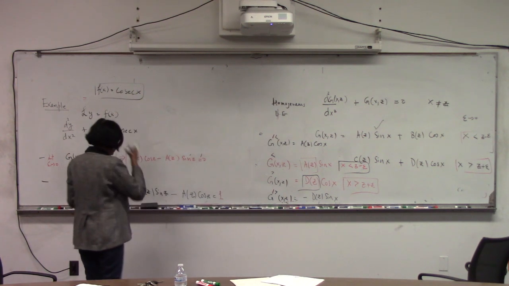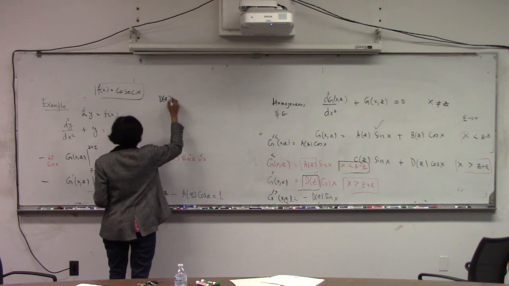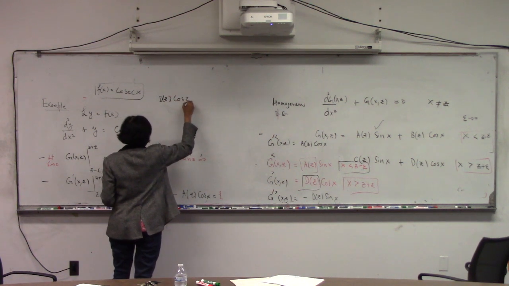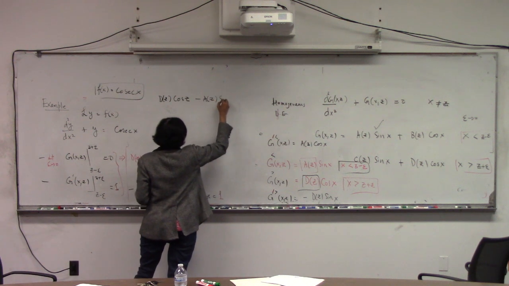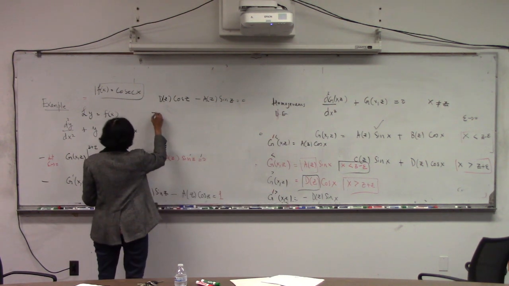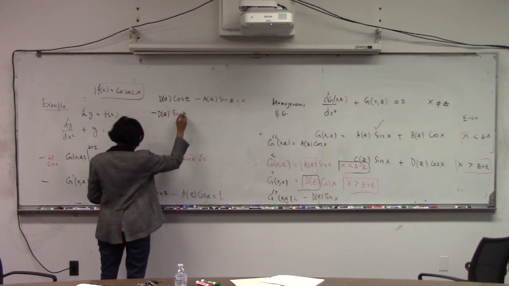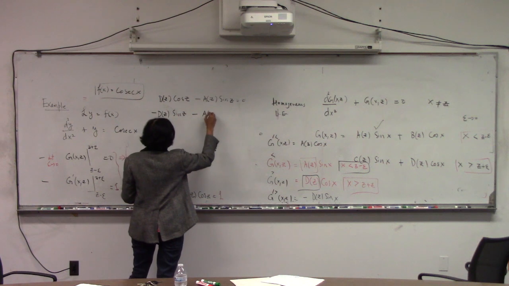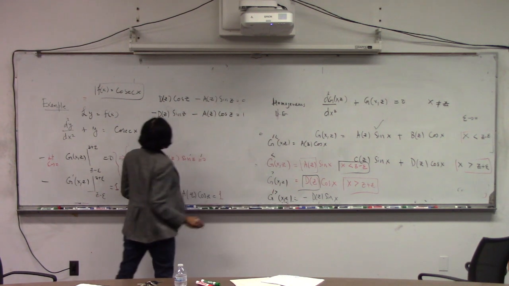So what you have is dz cosine of z minus az sine of z is 0, and the other one is negative dz sine z minus az cosine of z equal to 1.